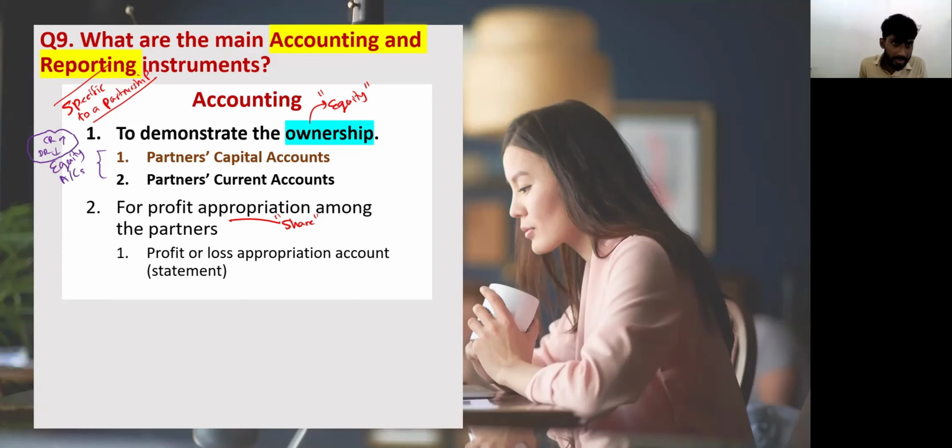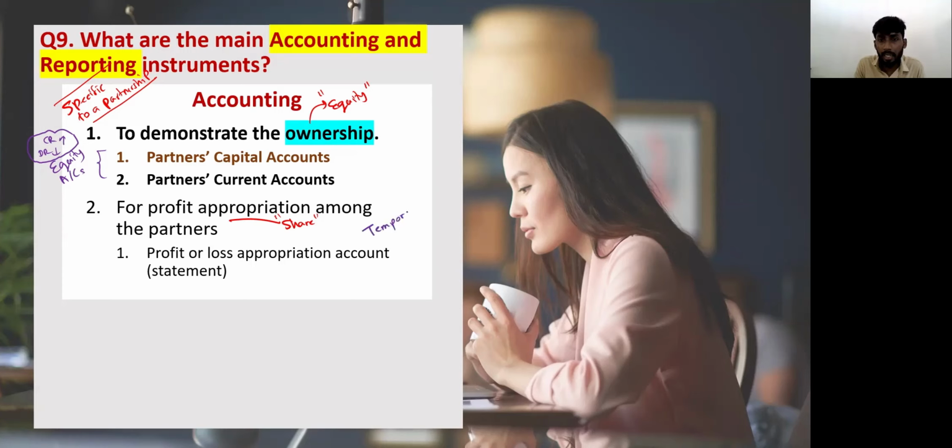Clear. And then the profit appropriation account, it is to distribute, to share the profit. This also works as an equity account. Okay, the double entries are going like that. It's also a type of equity account, but this is a temporary one.